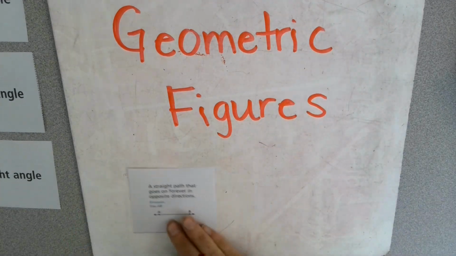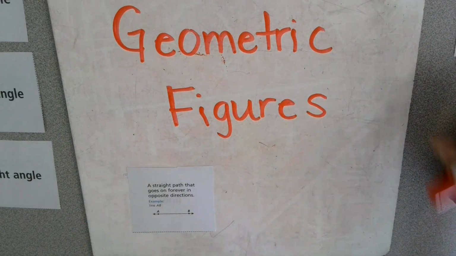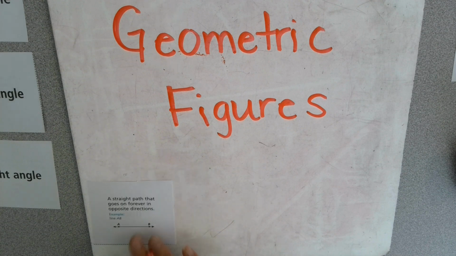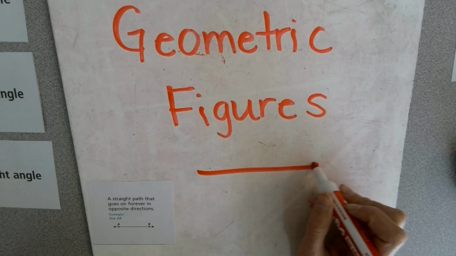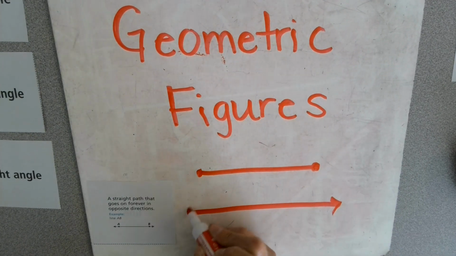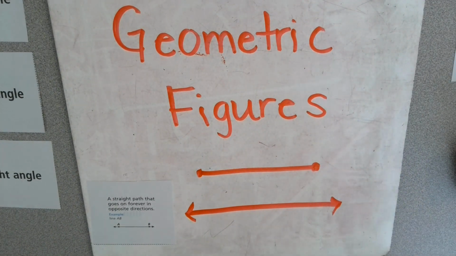Whereas a line, it doesn't have an endpoint. A line is a straight path that will just go on forever and ever in opposite directions. So where a line segment has 2 endpoints, a line doesn't end. We use arrows to represent a line because it's showing that it's going to go on forever and ever. There is no endpoint there.